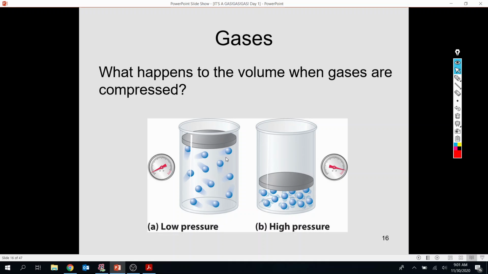Well, if I squish that flat, I still have the same amount of molecules, but in a much smaller area. Do you think that they're going to hit the edges more often or less often? Yeah, more often. And so they will absolutely be striking more often, which means there will be more force transfer since you have more molecules striking the edges. And that is why the pressure goes up for two reasons.